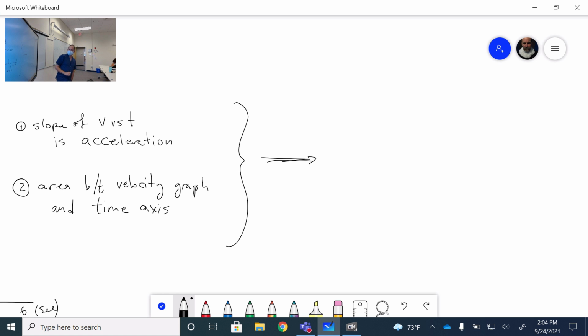So this leads us to, oh, I didn't finish the statement. I stopped and parenthesized without finishing. The area between the velocity graph and the time axis is equal to the displacement. Somebody remind me the difference between distance and displacement?